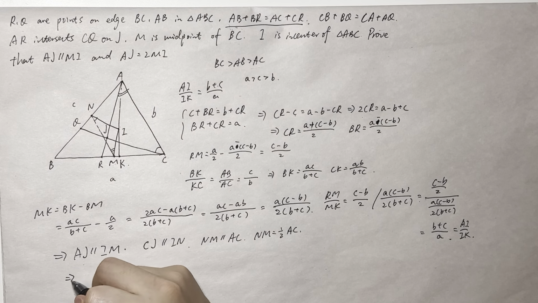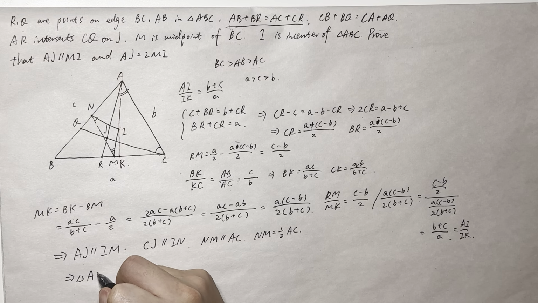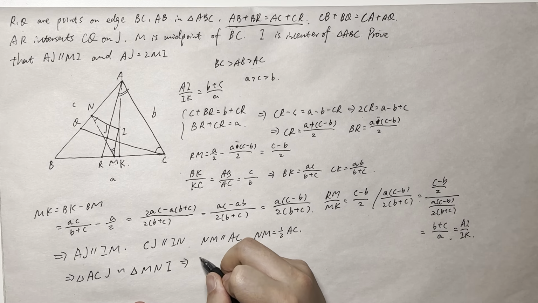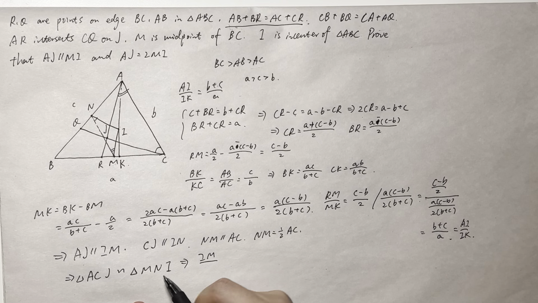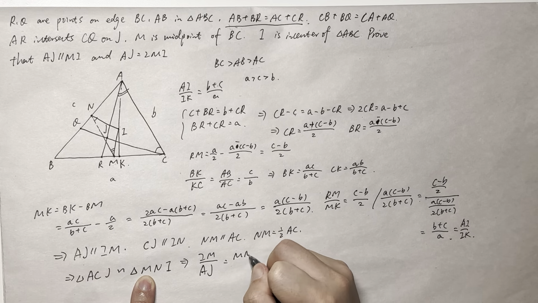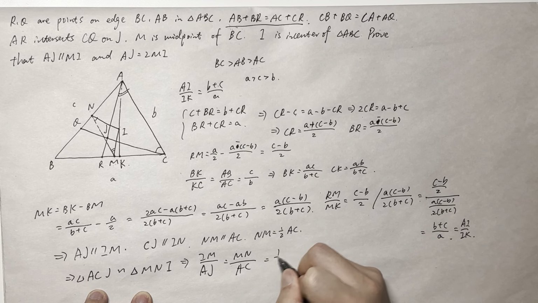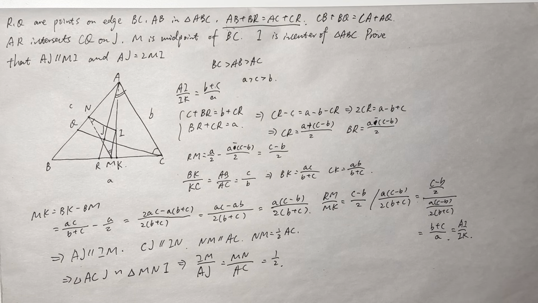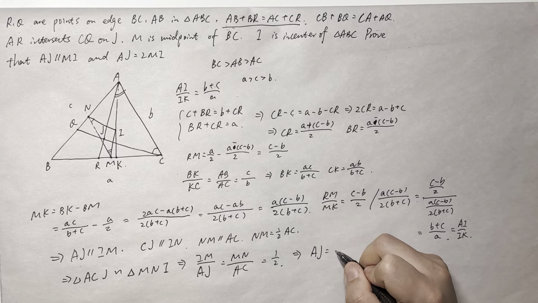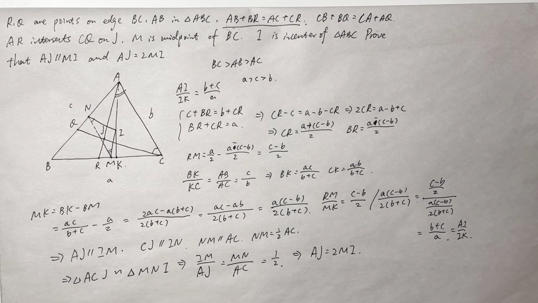So we know that triangle ACJ is similar to triangle MNI, which means IM to AJ equals MN to AC equals 1 to 2, right? So we just proved that AJ is twice MI.